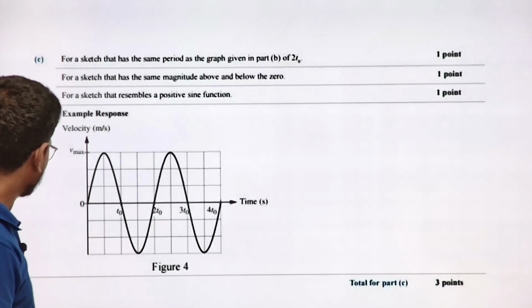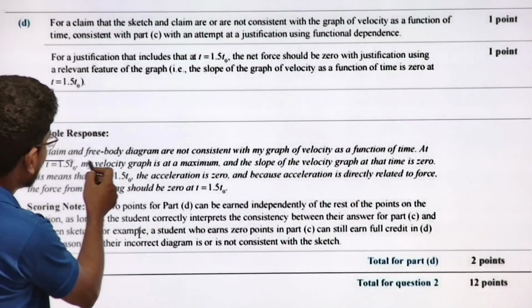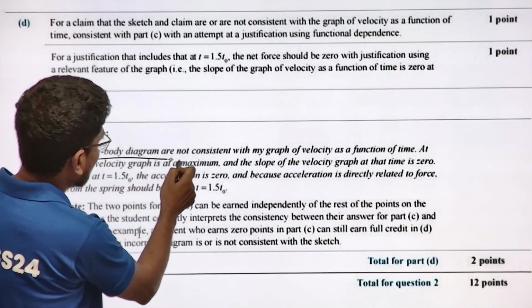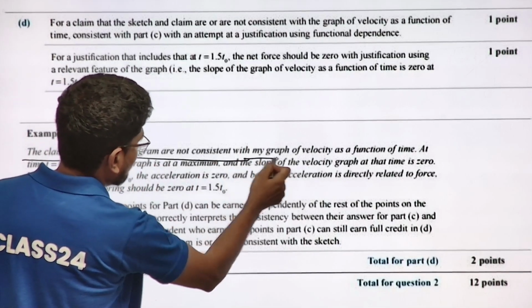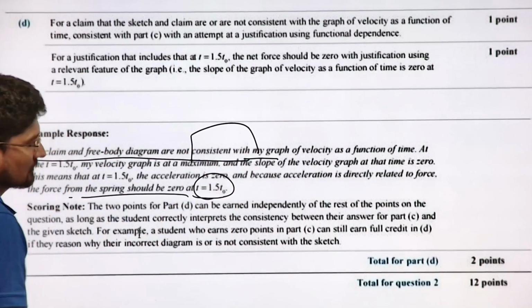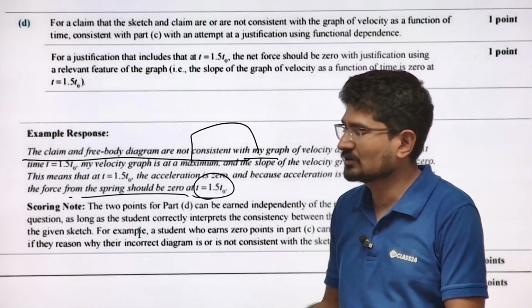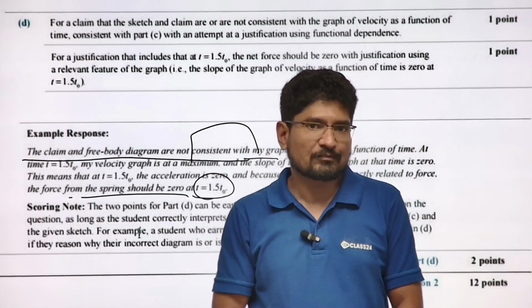We have also discussed the velocity time graph. And the claim and free body diagram are not consistent, because at t equal to 1.5 t naught the net force on the spring is 0. So this is a simple solution related to this segment. Thank you.